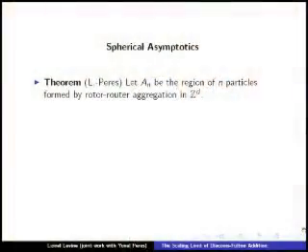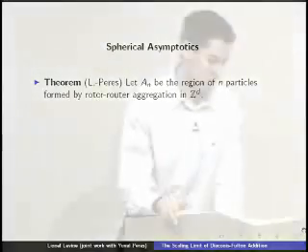So here's the region you get from a million particles. And so the first question about this was, why is it so round?